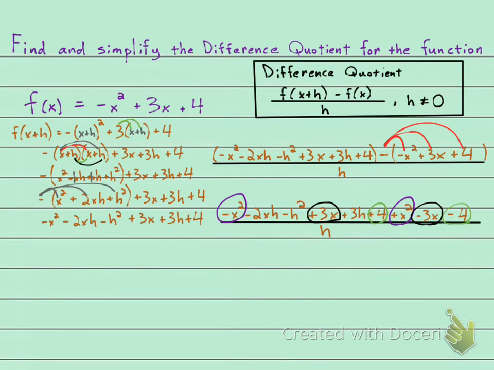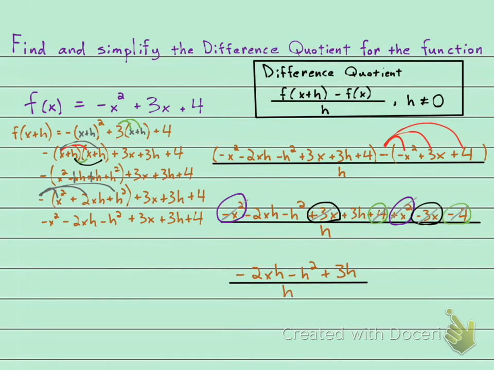So negative x squared plus x squared cancel out, giving me 0. Plus 3x minus 3x cancel out. And plus 4 minus 4 also cancel out. So here is what I'm left with: negative 2xh minus h squared plus 3h all over h.